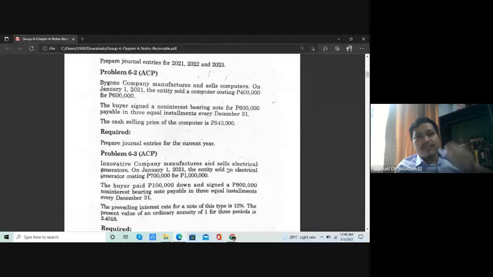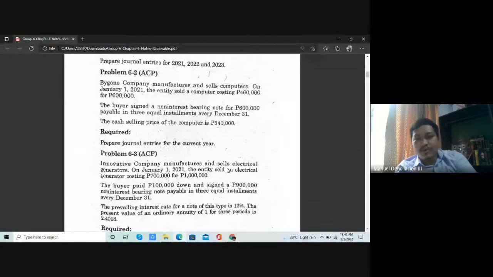But again, the standard does not allow you to simply allocate it uniformly throughout the periods involved, class. Supposedly, PFRS 9 requires the use of the effective interest method. But sometimes, for simplicity purposes, some entities will use the fractional method.